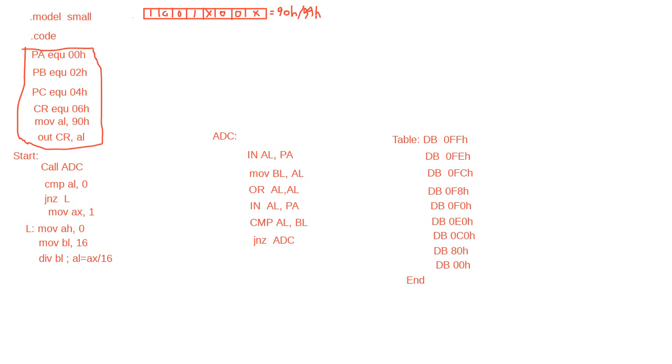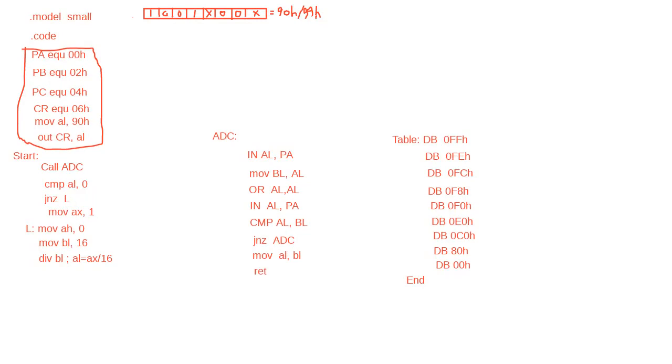I mean we can take MOV AL, BL. So value 1, we can save it in AL. And then return. Okay, this is the ADC process.